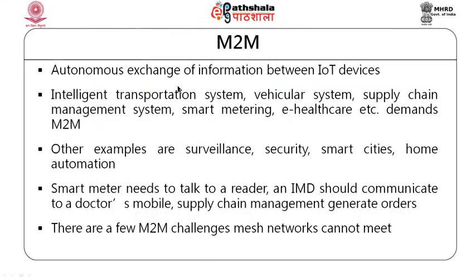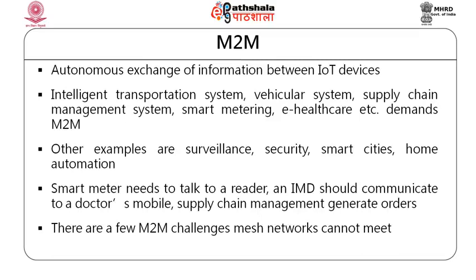The many cases, intelligent transportation system, vehicular system, supply chain management system, smart metering, e-healthcare, so on, we have discussed about them in the other modules. For example, surveillance, my camera which is surveying should be able to send it to the cloud.